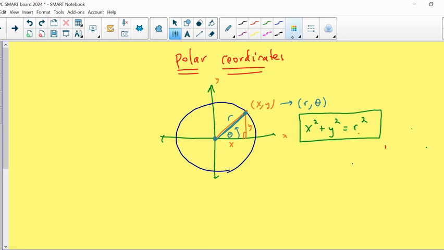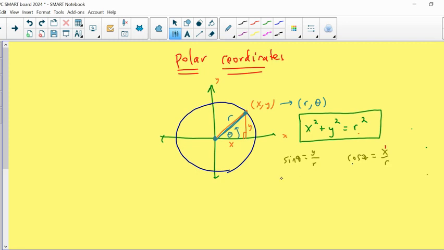And then the other two main ones that are important are thinking about just like right triangle trig. Like if I think about in that triangle the sine of theta, I would think of that as y over r. And I would think of cosine in a similar manner as x over r.